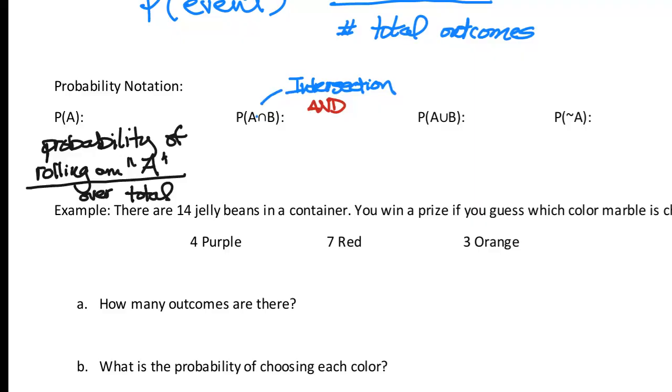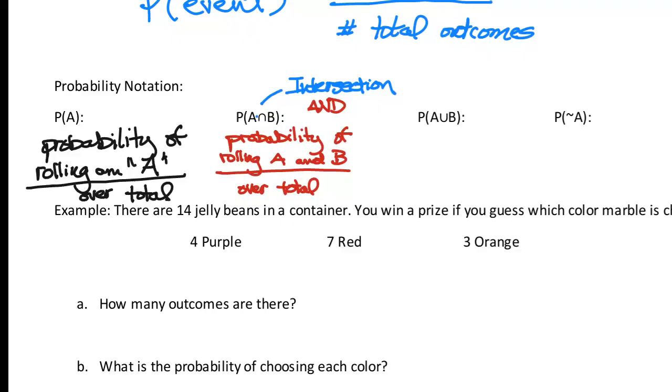So this is the probability of rolling an A and a B over the total.